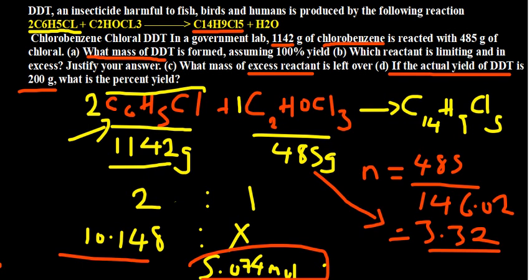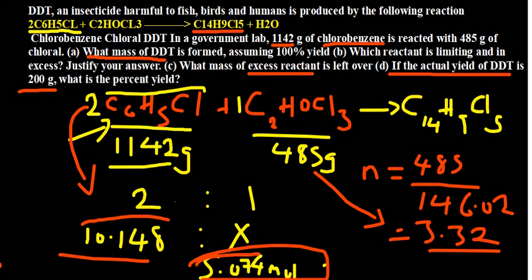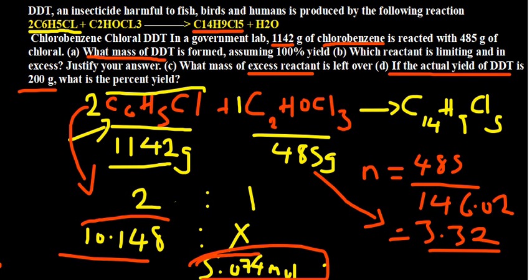Okay. Now 10 moles of the other reactant chlorobenzene requires 5 moles of the chloro, but what is available is only 3.32 moles. So what does that tell you? Which one is the limiting reagent? It tells you that the chloro is limiting because what is required is actually more than what is available.